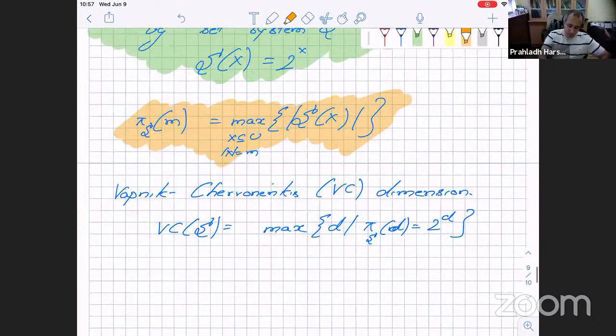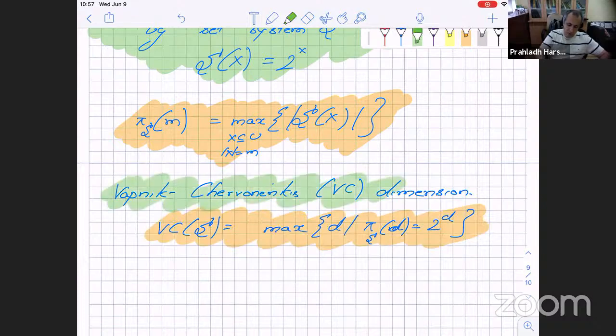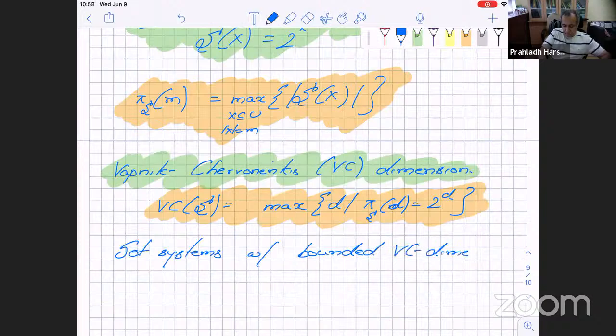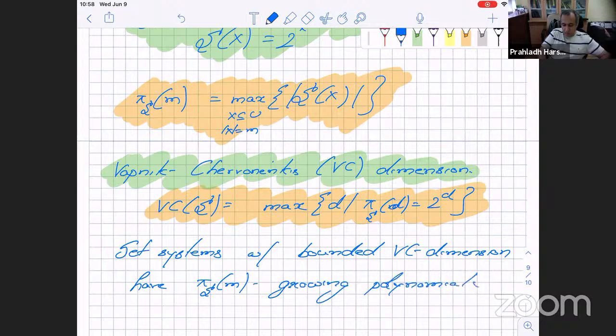This VC dimension is very important. What we will show is that set systems with bounded VC dimension have pi_S(m) growing polynomially and not exponentially.